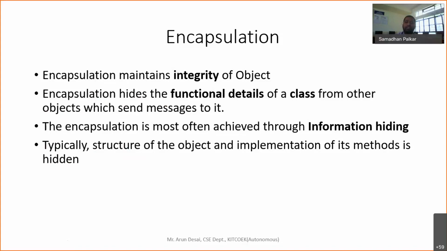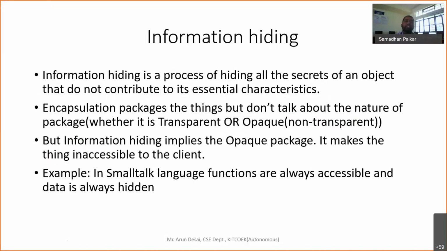Information hiding is a process of hiding all the details of an object, or all the essential characteristics of an object, and that process is referred to as information hiding, even though there is a blurred line between information hiding and encapsulation, right?